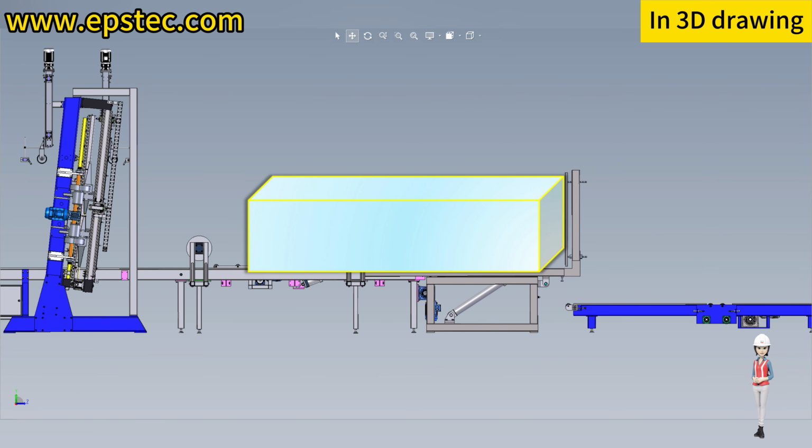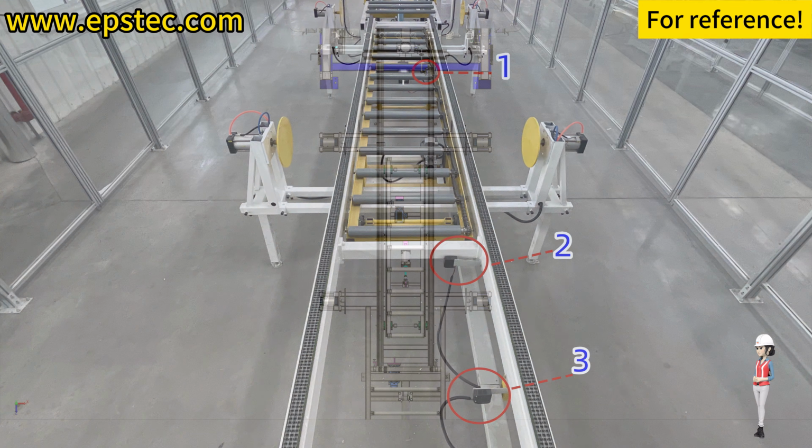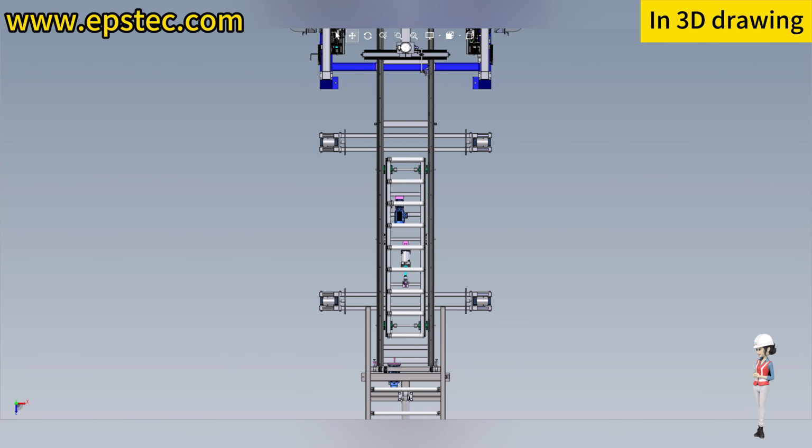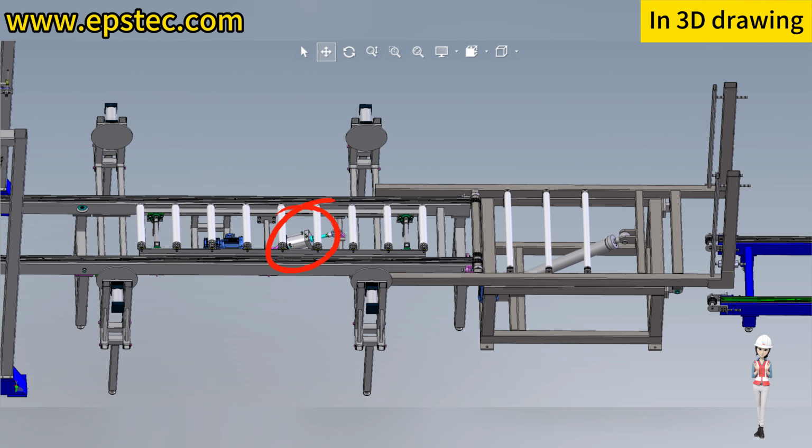Alignment station for the first phase cutting. The tilter frame flips the EPS block onto the chain conveyor belt of the first phase cutting section. When the first photoelectric sensor detects the EPS block, the chain conveyor starts. When the EPS block is transported to the position of the second photoelectric sensor, the block chasing cylinder lifts to detach the EPS block from the chain conveyor.